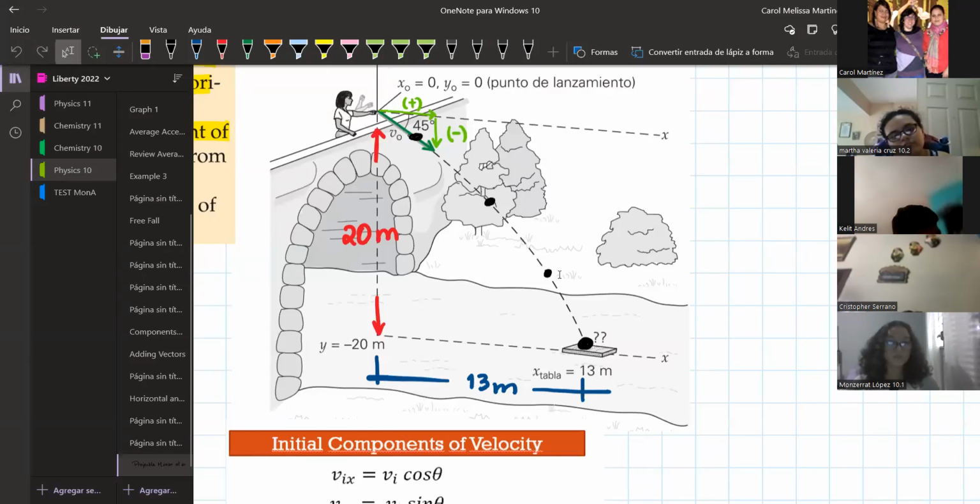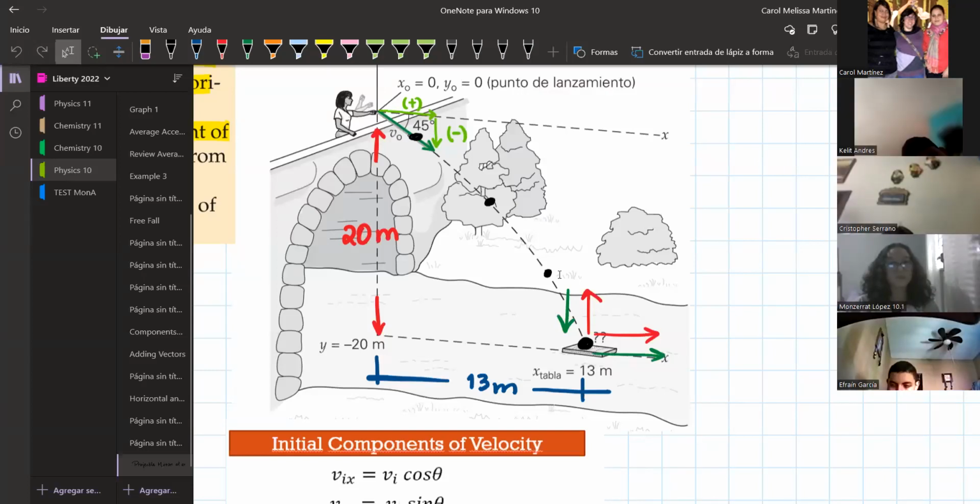Is this stone going upward and to the right? Or is the stone coming downward and to the right? Downward and to the right. So that's very important that you analyze the direction of the stone, okay? The stone is going downward and also to the right.